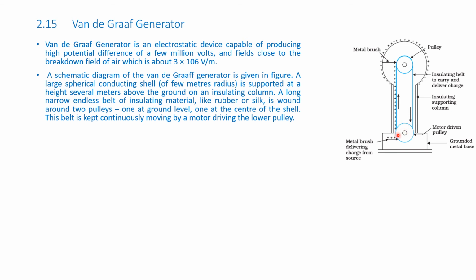There are two pulleys connected through a rubber belt, one at ground level and another at the center of the shell. This belt is continuously moving, driven by a motor on the lower pulley. Hence, this pulley is connected to a motor.